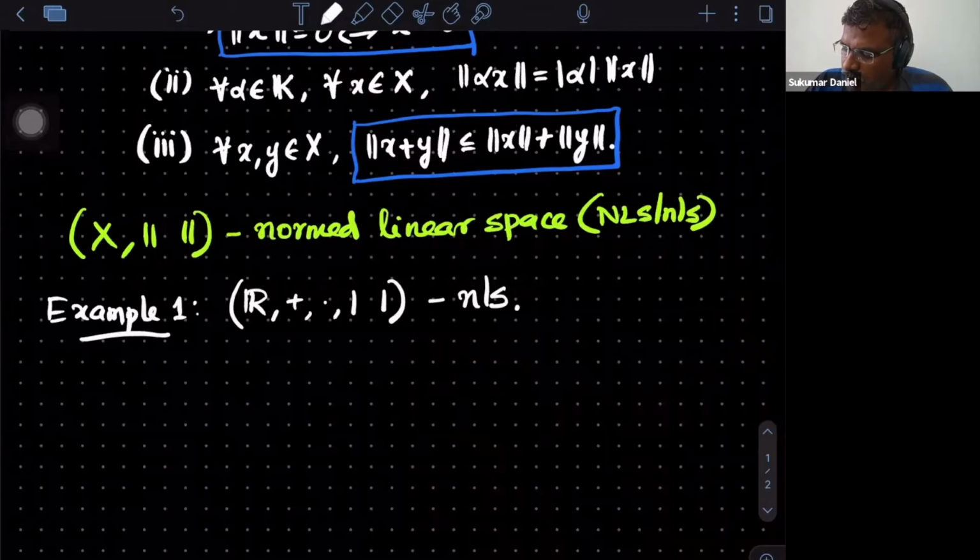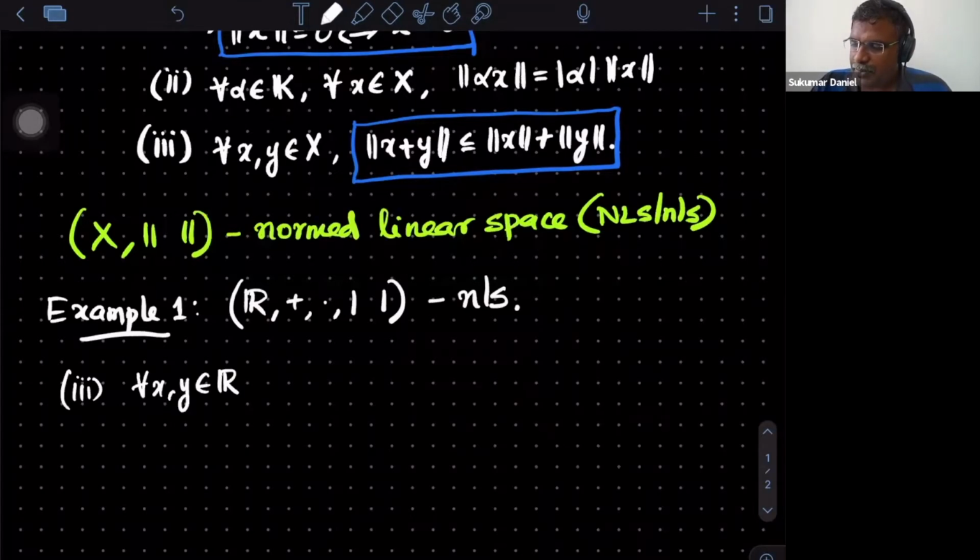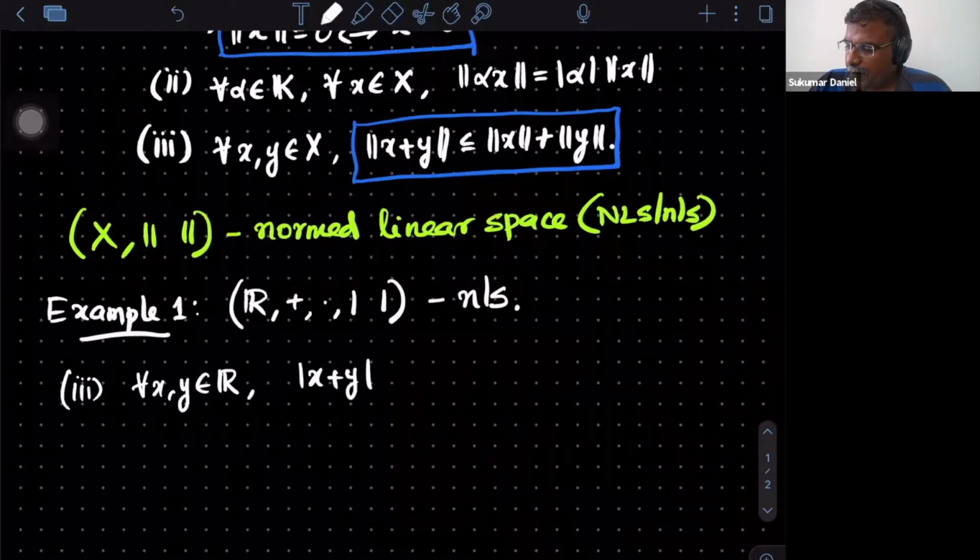So what we need to check is, for all x and y, the third property I'm checking now. In this case, for all x and y from the real numbers, I want to prove this.